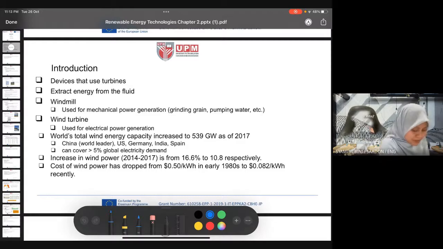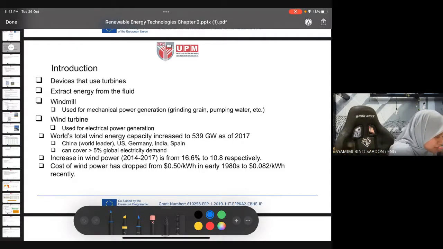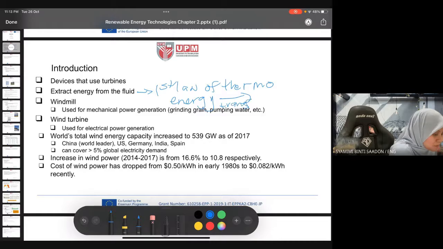I write it down here. This is the first law of thermodynamics that we saw last week: energy from one form transforms to another form.